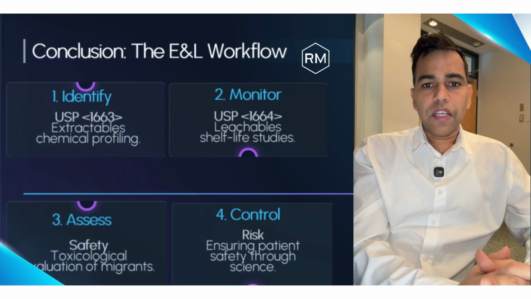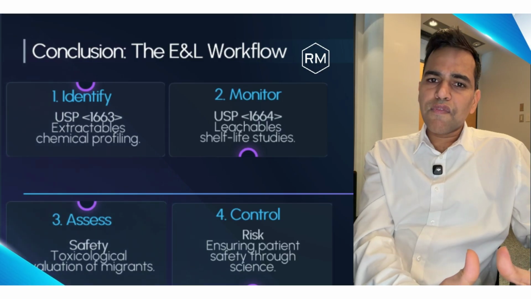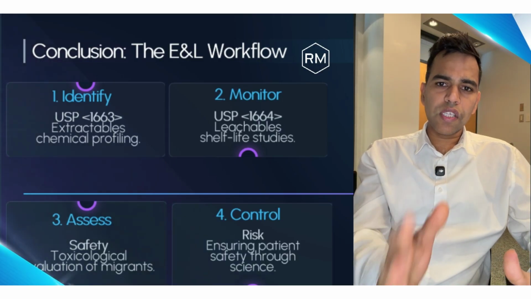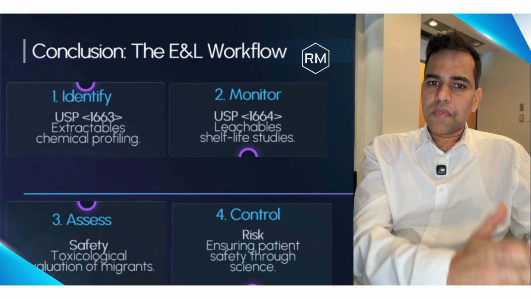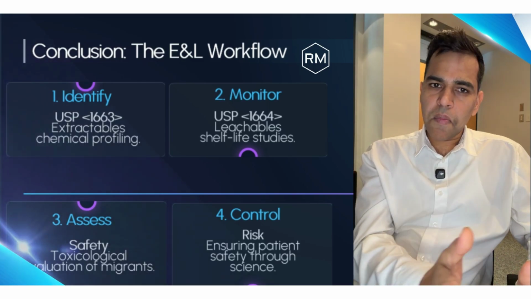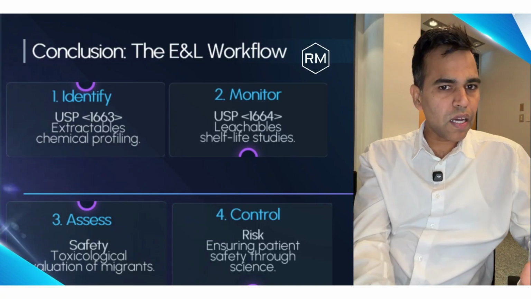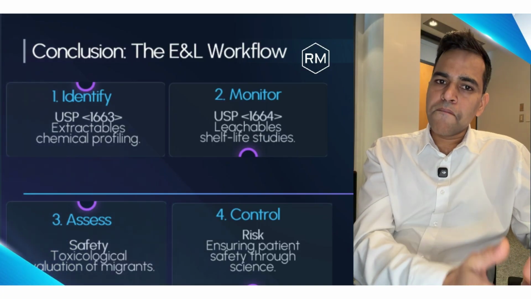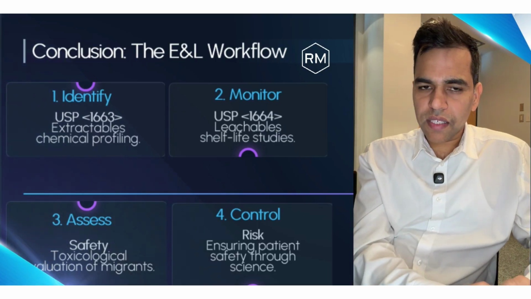So finally, we are at the conclusion. To summarize, E&L follows a clear 4-step workflow. First, identify potential compounds through extractable studies, which is the worst case scenario. Second, monitor actual migration through leachable testing.